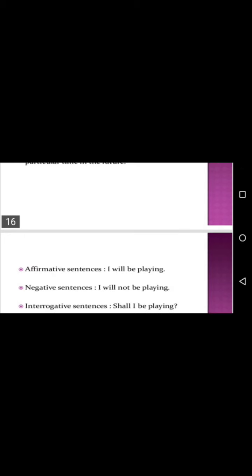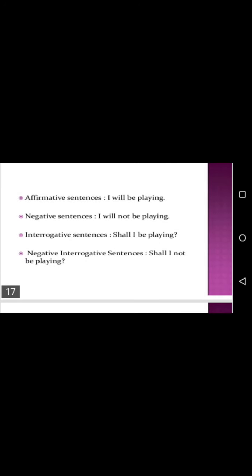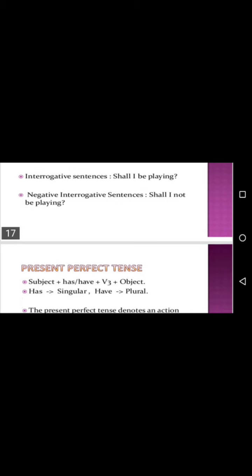Look at the examples. I will be playing, I will not be playing. Shall I be playing? It can be will I be playing. That is also right. Shall I not be playing? It can also be written will I not be playing. Both ways are correct. We can use will with all the subjects.